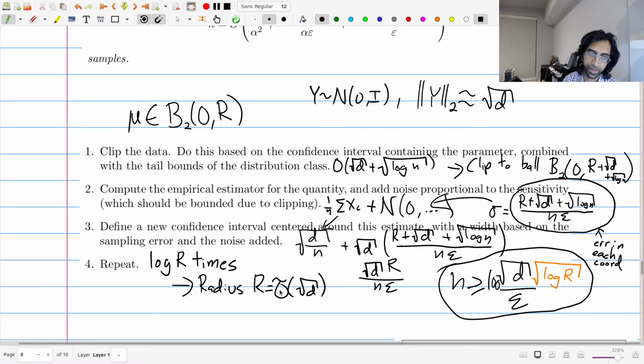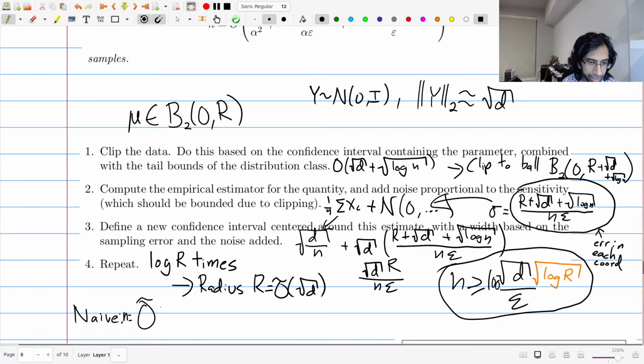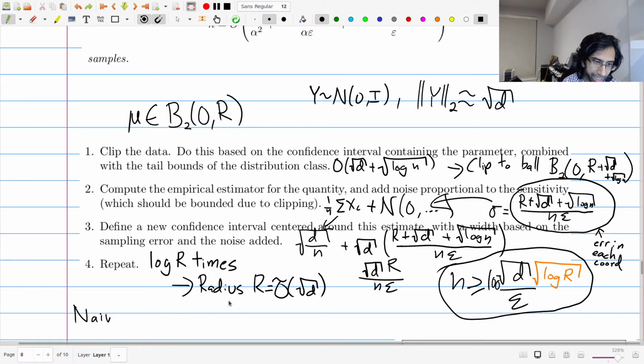Okay, so now the claim is, I haven't gone over this, but I claim that there's another naive approach which takes n equals O tilde of d over alpha squared plus, essentially I claim that once you get down to a radius that's roughly this small, then you can just use a naive method and it'll all be okay.